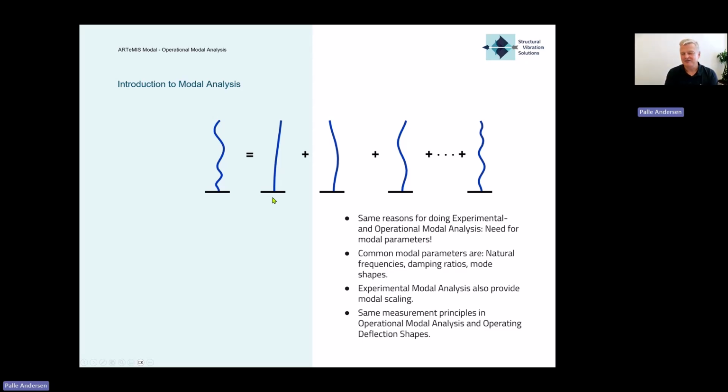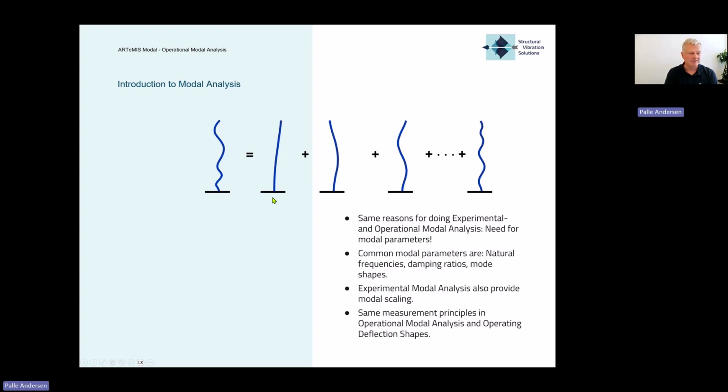And then there is a final parameter called the damping ratio, which tells us how fast this mode will die out if we gave it one hit and let it die out. The damping ratio tells us the rate at which this vibration dies out. So these are the three parameters describing one dynamic mode of the structure.